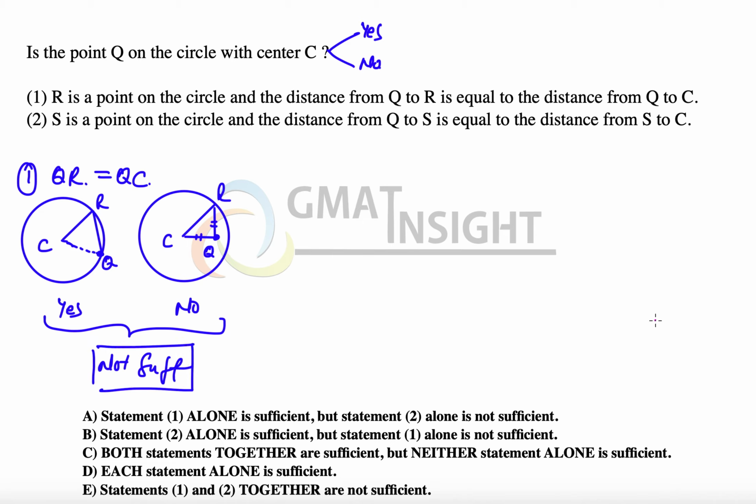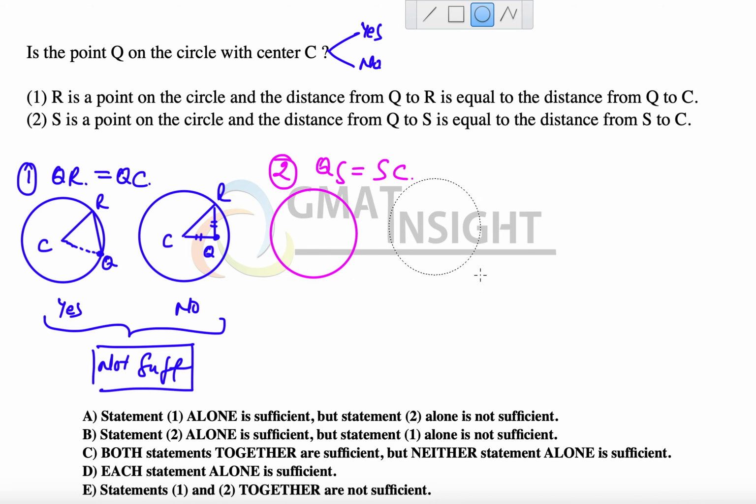Now let's check the second statement. The second statement says that S is a point on the circle and the distance QS is equal to the distance SC. Even in this case, let's quickly draw two circles and try to prove that this statement as well is not sufficient. Let me take once again the two points.